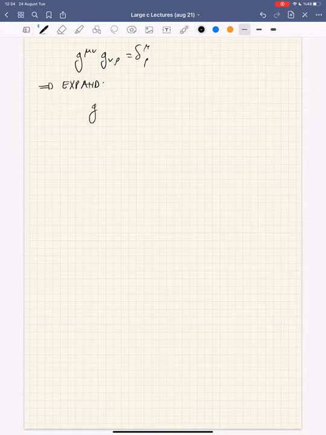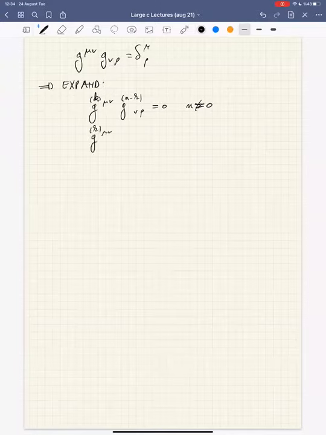Which is just that: G_n^{μν}, let's say k, and then G_{n-k μρ} equals 0 when n is not equal to 0, and then there is a special case that when G_k^{μν} G_{-k νρ} is equal to δ^μ_ρ.